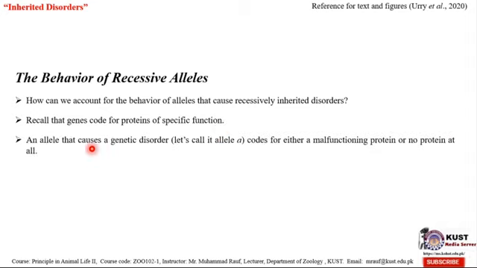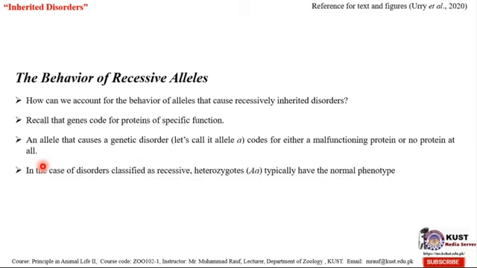An allele that causes a genetic disorder, let's call it allele A, codes for either a malfunctioning, abnormally functioning protein or no protein at all. So when an allele is defective, this allele either produces a defective protein or doesn't produce any protein at all. In the case of disorders classified as recessive, heterozygotes typically have the normal phenotype.